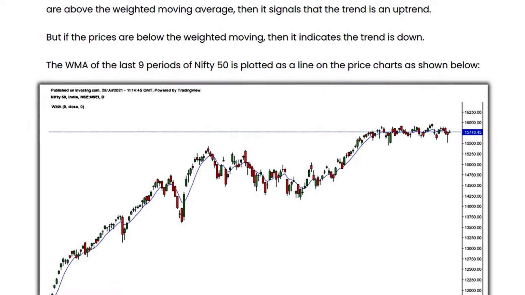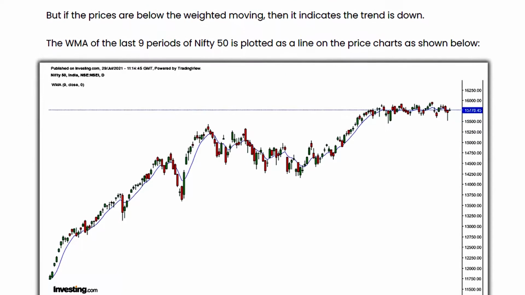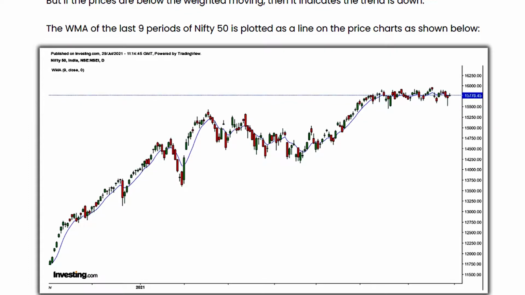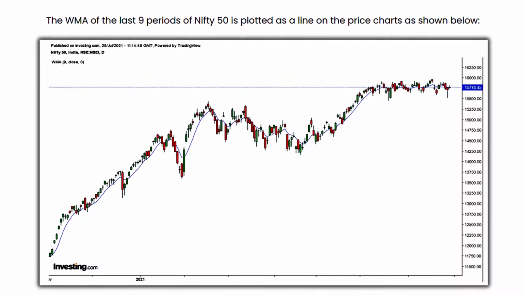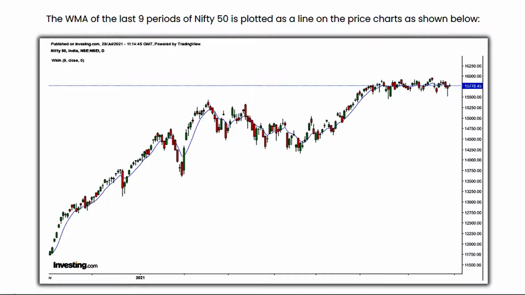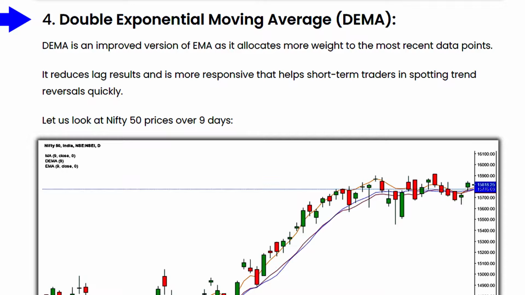Traders use the weighted average for generating trade signals. For example, when the prices are above the weighted moving average, it signals that the trend is an uptrend. But if the prices are below the weighted moving average, it indicates the trend is down. The WMA of the last 9 periods of Nifty 50 is plotted as a line on the price charts as shown below.